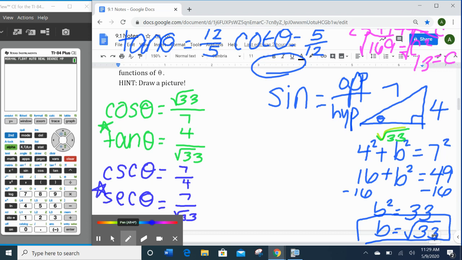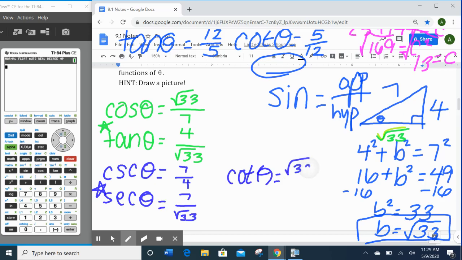And then we've got the cotangent. The cotangent is adjacent over opposite, or the reciprocal of tangent. And the reciprocal of 4 over root 33 is root 33 over 4.